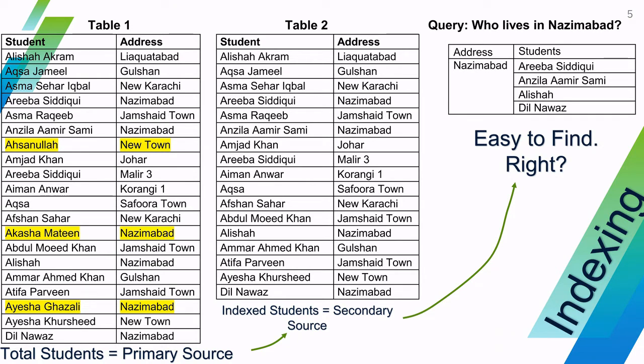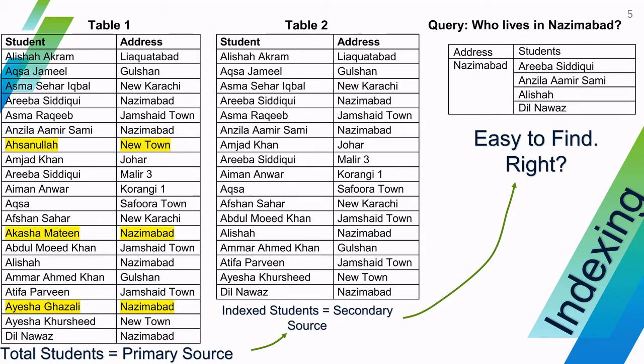If I need to know how many students are currently living in Nasimabad, and I refer to primary literature, I would need to see the address of each and every student to find all those currently living in Nasimabad. Alternatively, I can refer to the secondary source, that is, table 2, the indexed list, and I will find all such students with a single query.